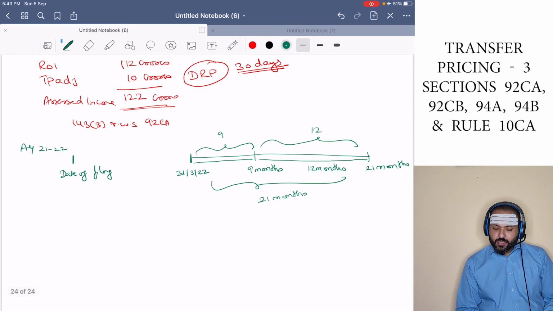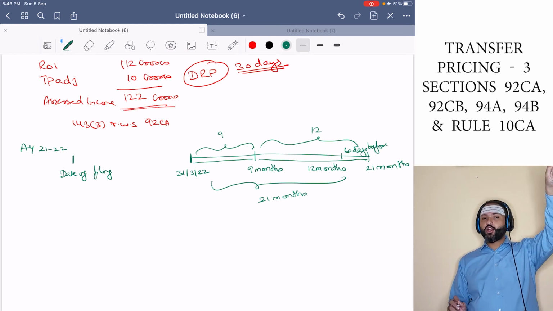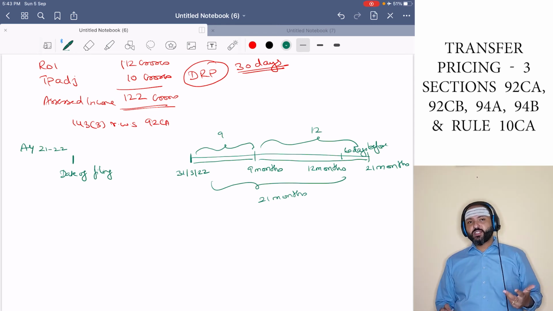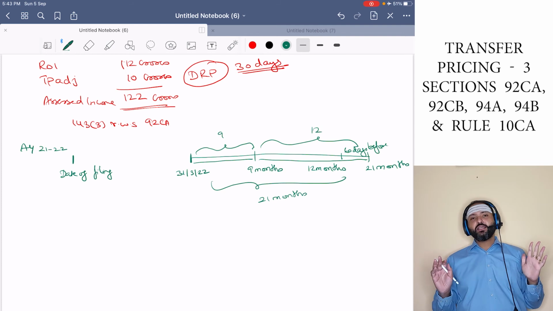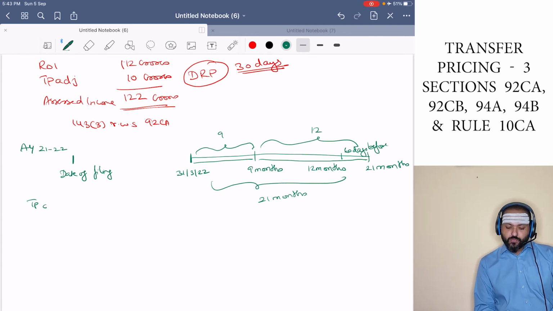He should pass it 60 days before the time limit for the final assessment order, the 143(3) order, whatever is the time limit for that. 60 days before that, he has to pass the TP order. So the TP order shall be passed 60 days before completion of assessment.